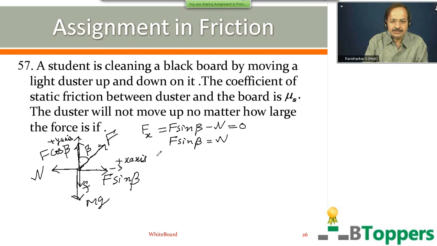So for the duster to move up on the surface of the board, F cos beta, which tends to move the duster upward, should be more than or at least equal to mg plus the magnitude of limiting friction, which is equal to mu s into N. You can substitute the value of N from this equation.